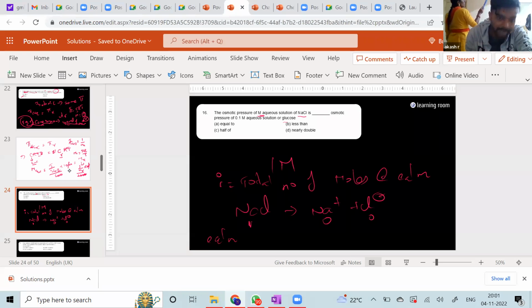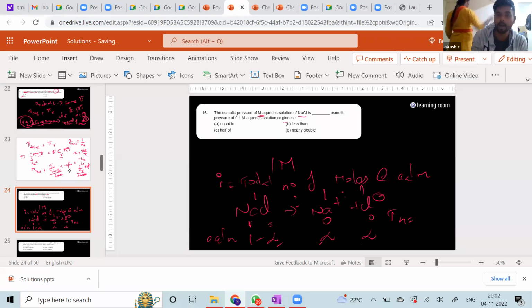When I reach the end, that is at equilibrium, out of the 1 mole, some alpha moles would have undergone the reaction. If alpha moles react here, alpha moles come here and alpha moles come here, because all the ratios are 1:1:1. So the total number of moles is 1 minus alpha plus alpha plus alpha, which is 1 plus alpha, and that equals the Van 't Hoff factor i.